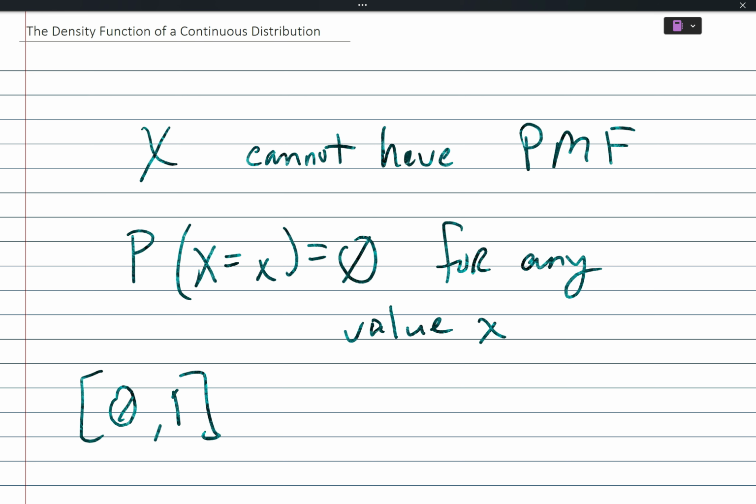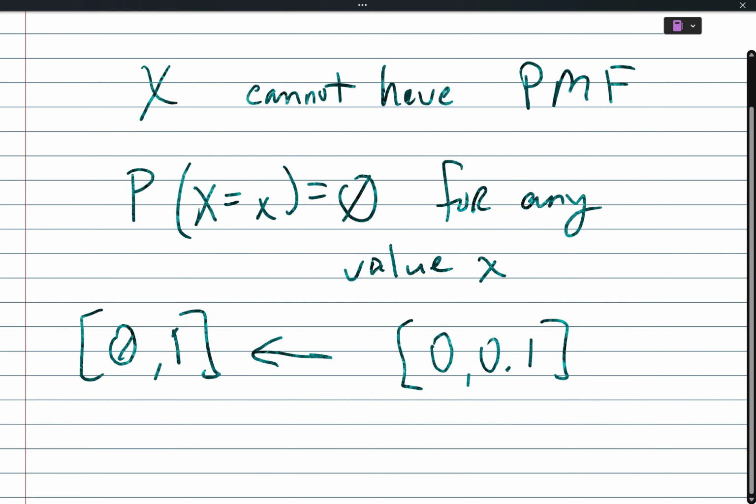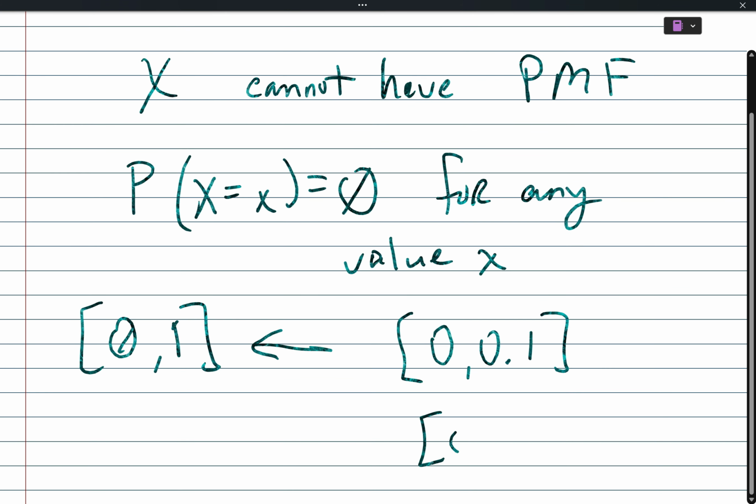The selection is random in the sense that any two subintervals of 0 to 1 of equal length, such as 0 to 0.1 and 0.9 to 1, are equally likely to contain the selected number.